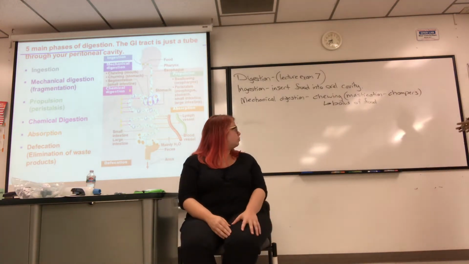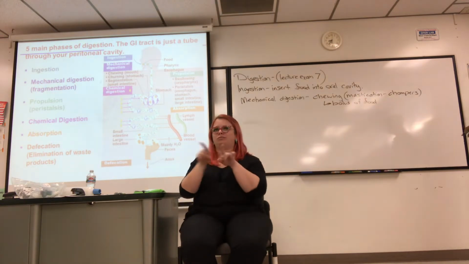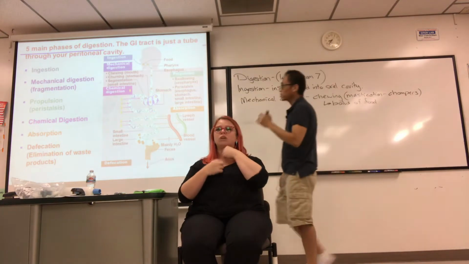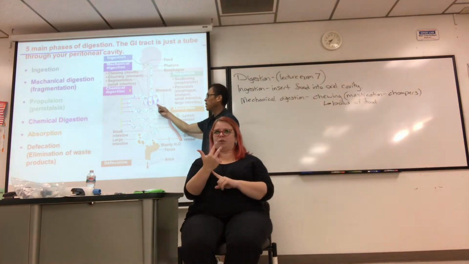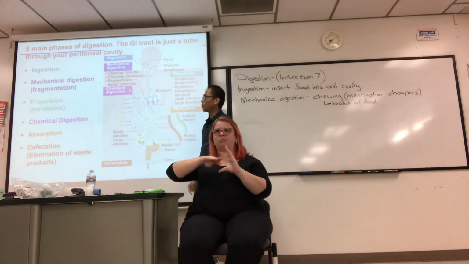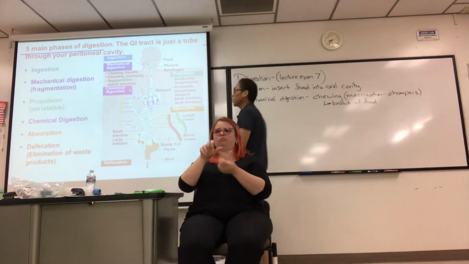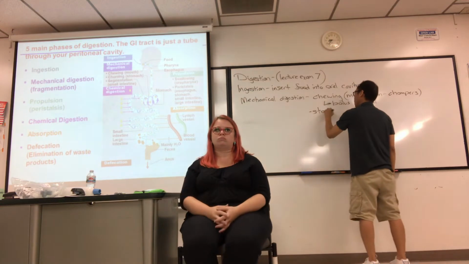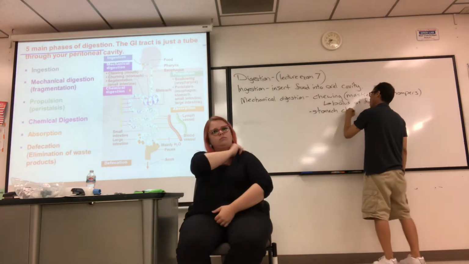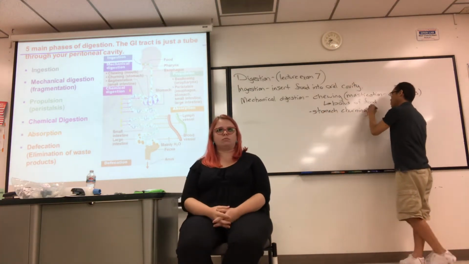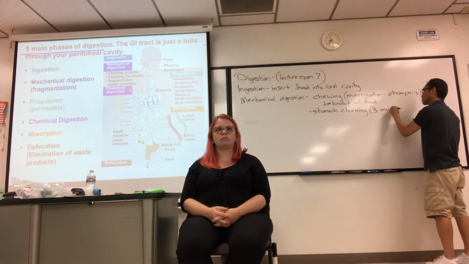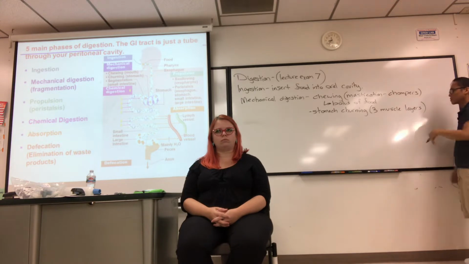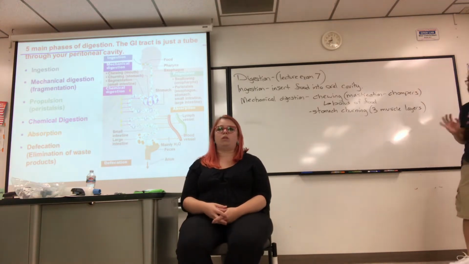Okay. And mechanical digestion also occurs in the stomach. When it reaches your esophagus, the stomach has 3 muscle layers. And basically the stomach churning accomplishes more of the fragmentation. I mentioned it's got 3 muscle layers. Everywhere else, the digestive tract has 2 muscle layers.